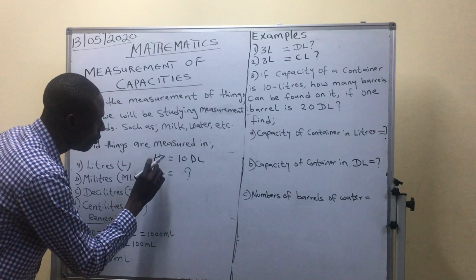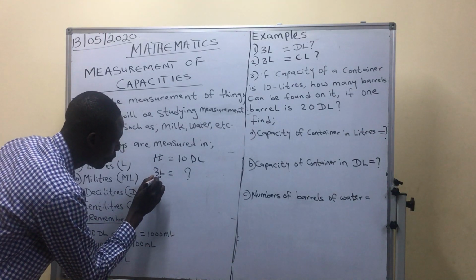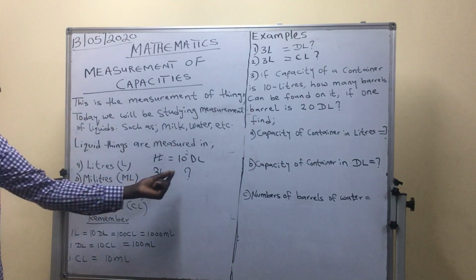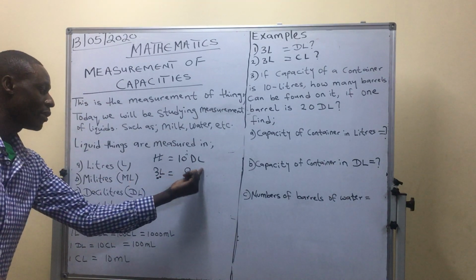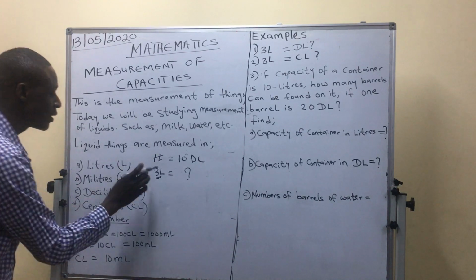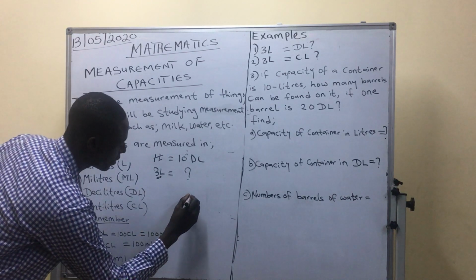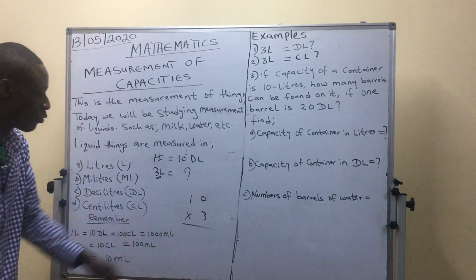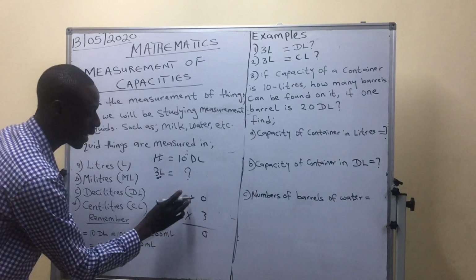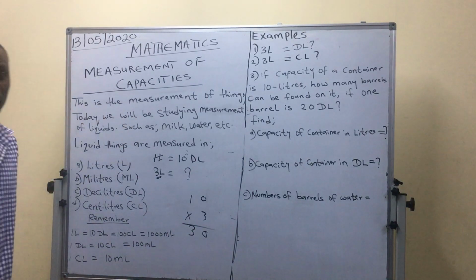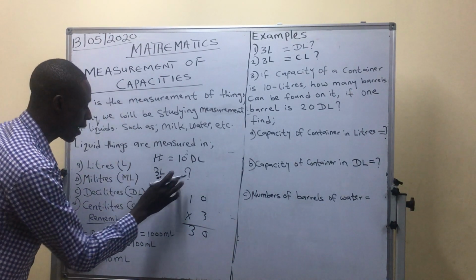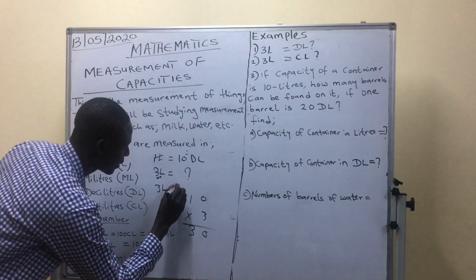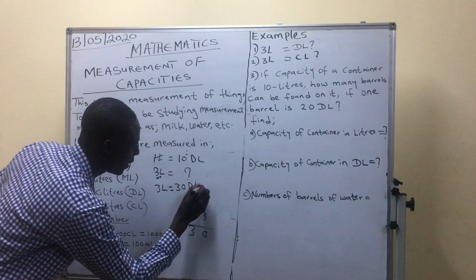So now, you have to multiply 3 by 10 to give you the right answer for your deciliter. 3 times 10: 3 times 0 gives you 0, and 3 times 1 gives you 3, so you have 30. Means here 3 liters will be equal to 30 deciliters.